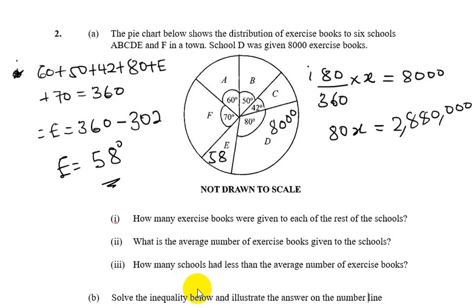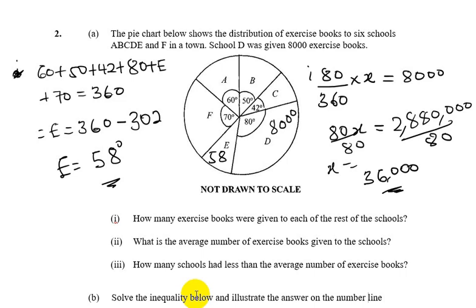Now what we are finding for x, the x becomes the total number of books that was shared. So x is equal to, if I divide here by 80 and I divide here too by 80, I'm going to get 36,000 books.